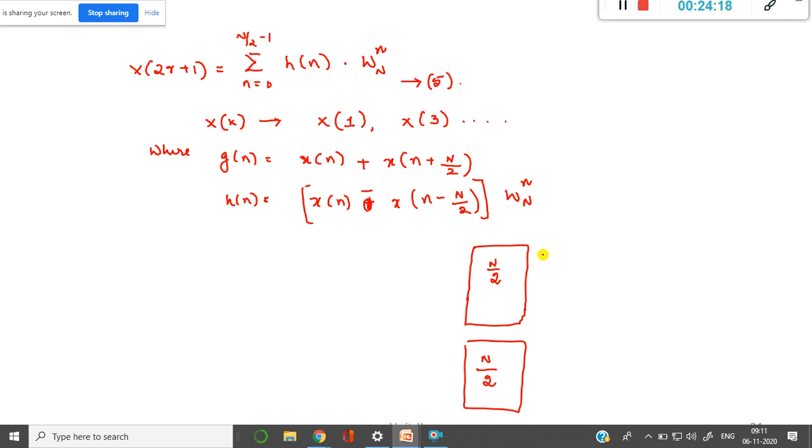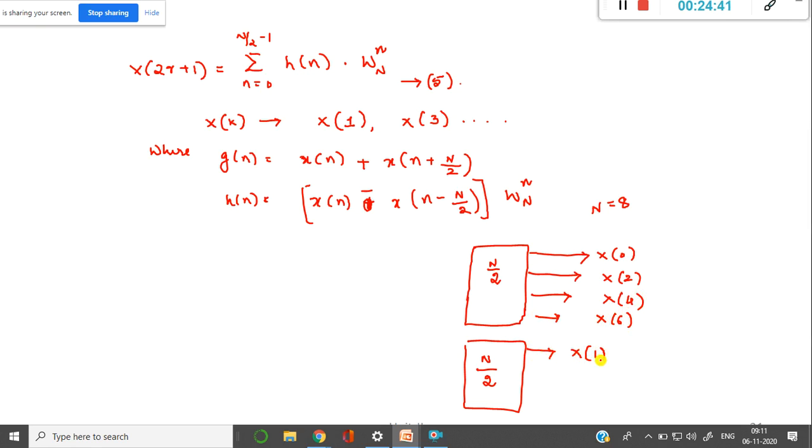From the first half sequence I am going to get the even sequences of x of k, that is x of 0, x of 2, x of 4 and x of 6, assuming that N equals 8. And the next half are the odd sequences, x of 1, x of 3, x of 5 and x of 7.